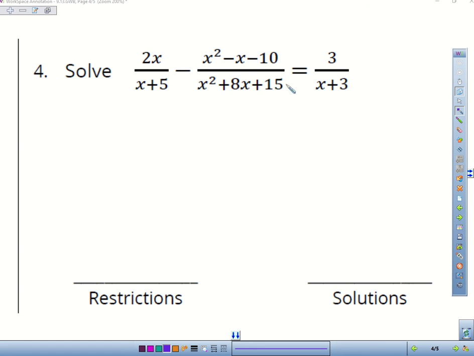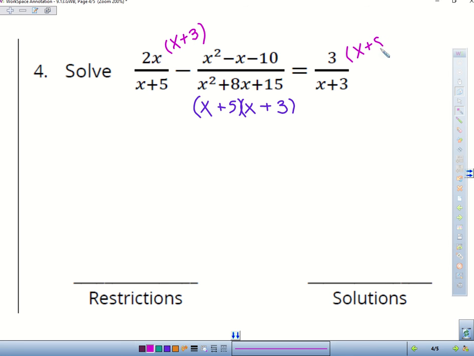Alright, so how do I factor this denominator? x plus 5 times x plus 3. Good. Factors of 15 that add up to 8. So in that case, I'm going to need to multiply this fraction by x plus 3, and this fraction by x plus 5. So that's going to become 2x times x plus 3 minus, this is where you have to be careful with the minus.